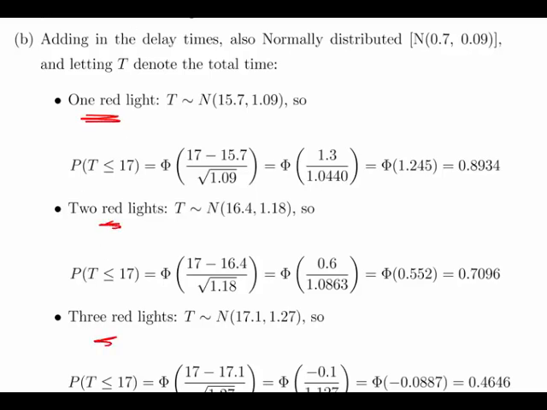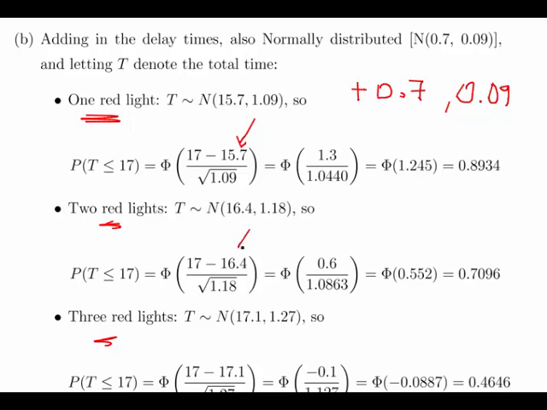In each of the cases, what we're doing is adding 0.7 to the mean from before for each red light, and 0.09 to the variance, again, for each red light. So the mean gets increased by 0.7 for just the one red light.